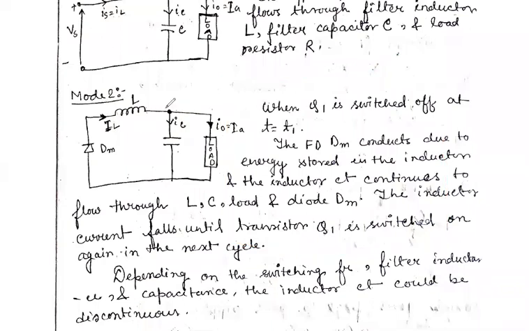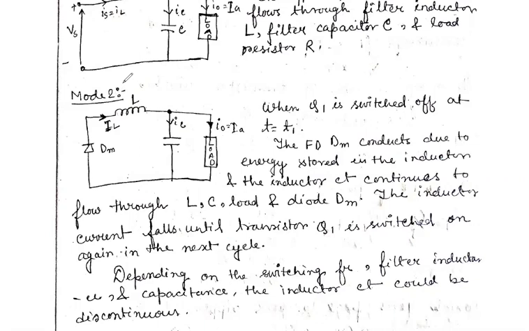IL is flowing through here, IC, IO, IA, and the freewheeling diode conducts due to the energy stored in the inductor, and the inductor current continues to flow through L, C, and load and the diode Dm. And the inductor current falls until transistor Q1 is switched on again in the next cycle.